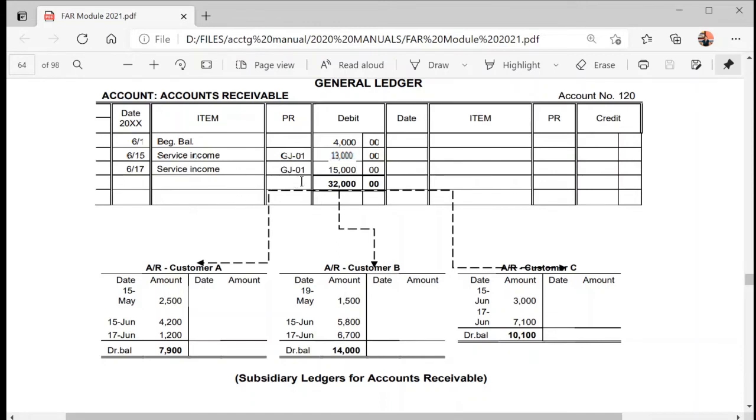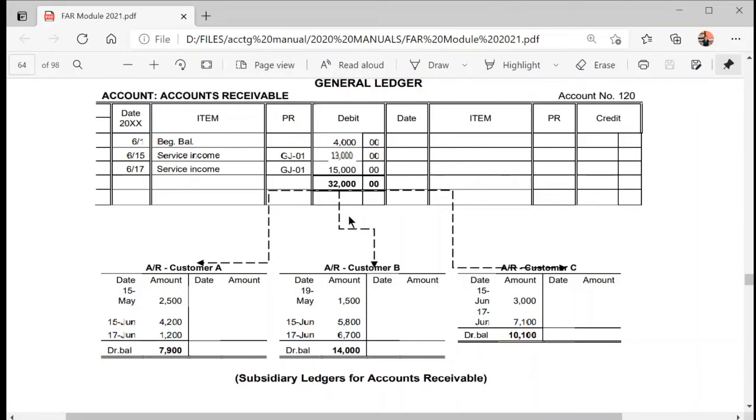Then on June 17, this 15,000 accounts receivable can be broken down into the 3 customers. We have customer A for 1,200, for customer B we have 6,700, and customer C 7,100.